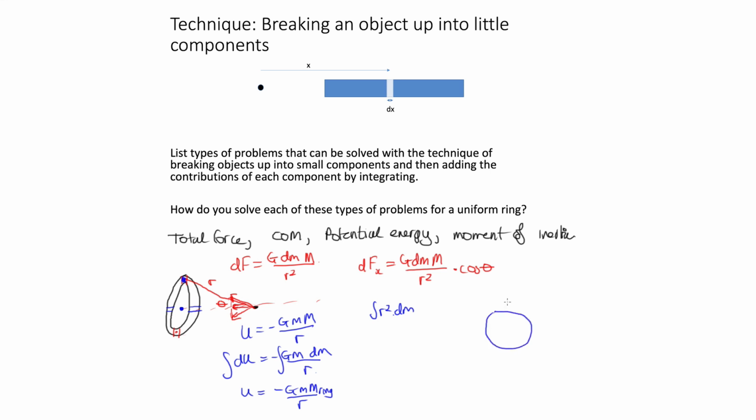You're splitting it up into little rings, like this little red ring here. You choose a little red ring with a thickness dr at radius r. You work out the mass of that ring and substitute that in there, and then choose appropriate limits on your integral. So have a look at your lab manual to remember how to do that one.